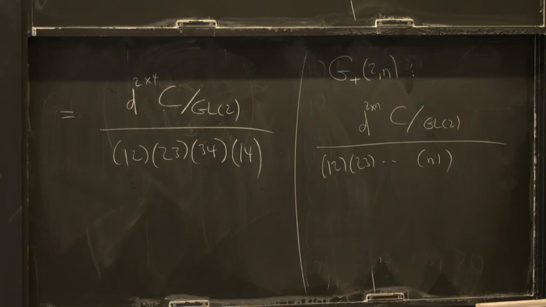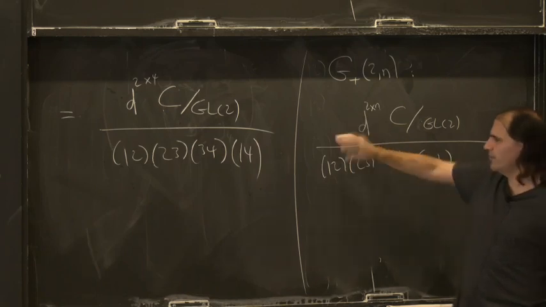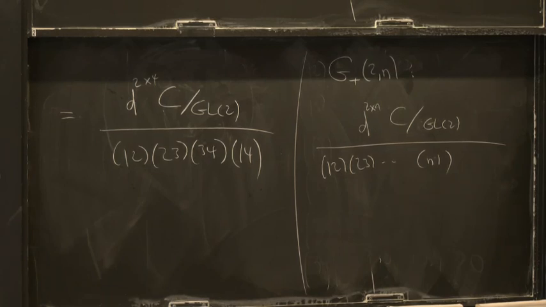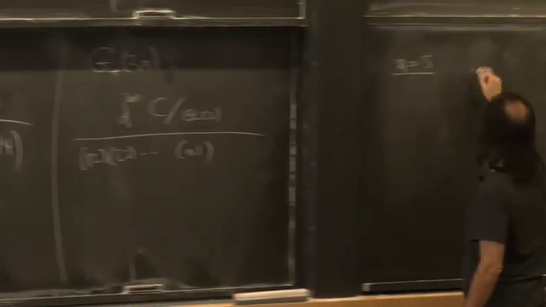It doesn't matter here, because the whole form only is defined up to an overall sign. Remember, the whole form only has an orientation. Here I prefer to write it in a way that makes the cyclicity more manifest. Let's already see how this works for n equals 5, where it is interesting.